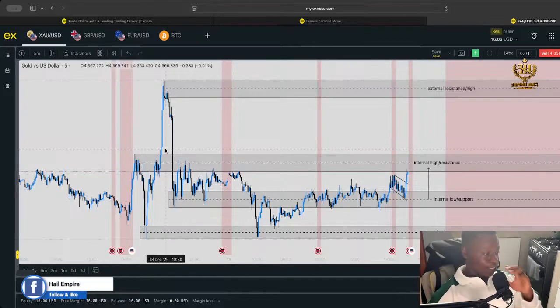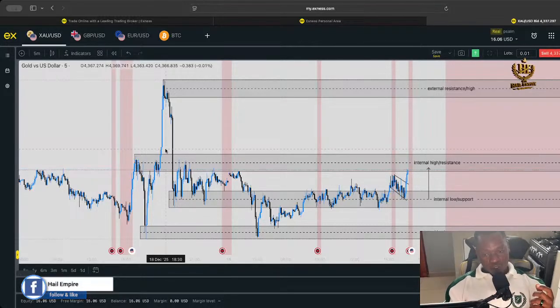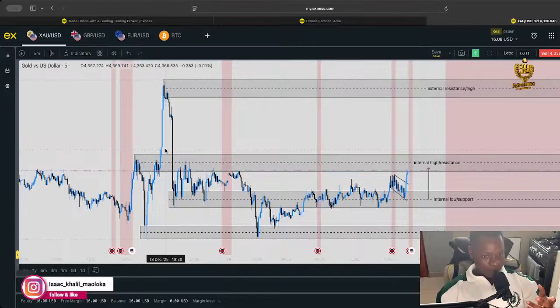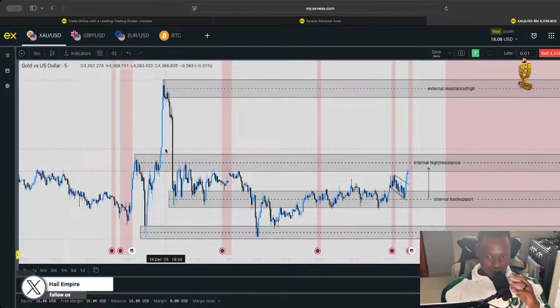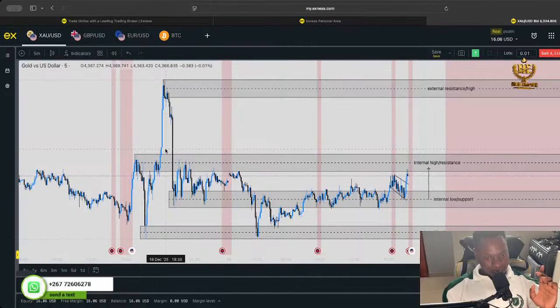So the idea is not to blow your account, but rather to maintain it. I'm just showing you how to trade a small account. So the idea is not to lose your account, but rather to what? To maintain that account.